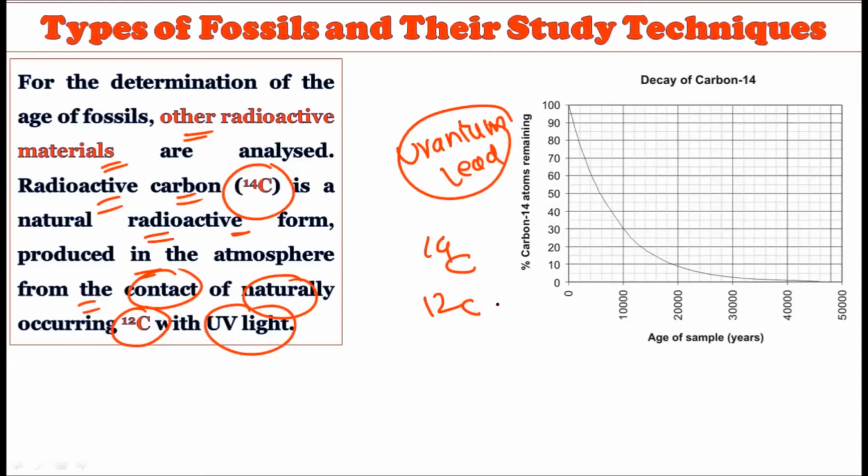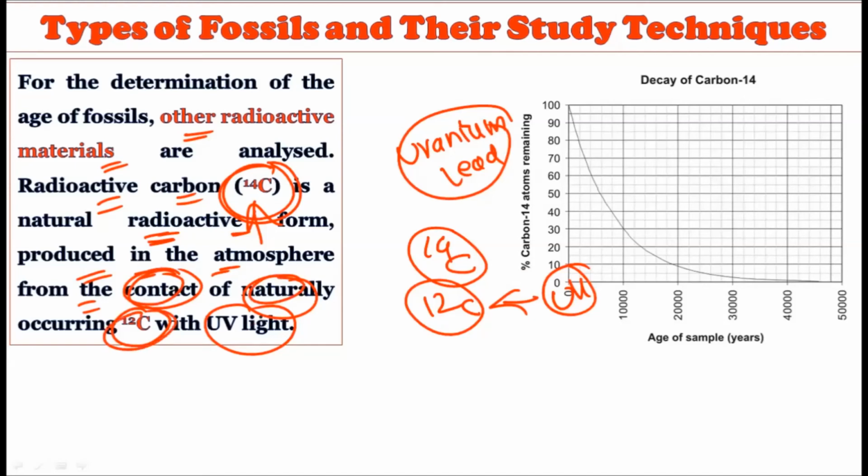So when C12 comes in contact with ultraviolet rays, it starts converting into C14, okay. So whenever the UV radiation comes in contact with the C12, it will get converted into the C14.